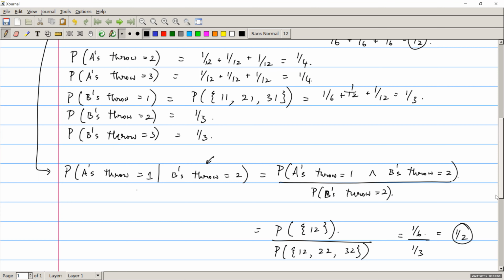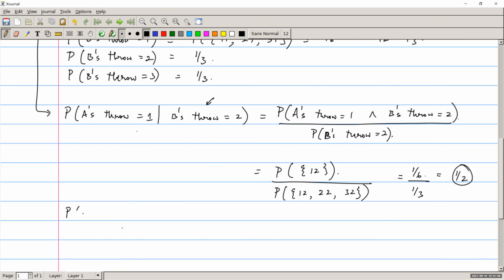Can someone tell me what is the probability A's throw equals 1 given B's throw equals 3? Tell me in more detail.